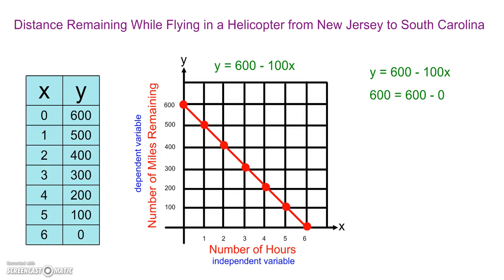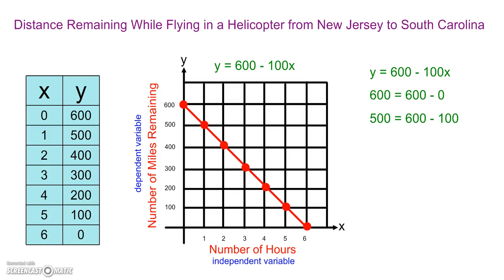That is correct. Let's substitute in 1 for the value of x. When I substitute in the value of 1 for x, then I have to multiply 100 times 1, that's 100. 600 minus 100 is 500.